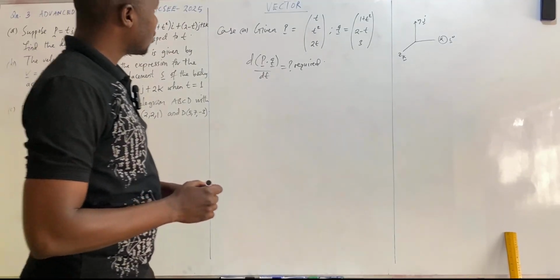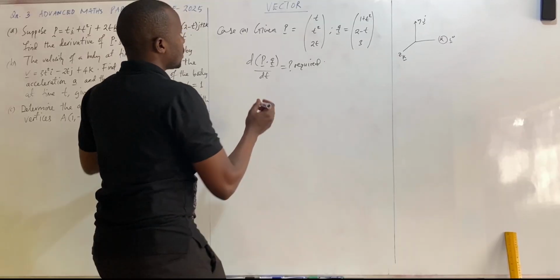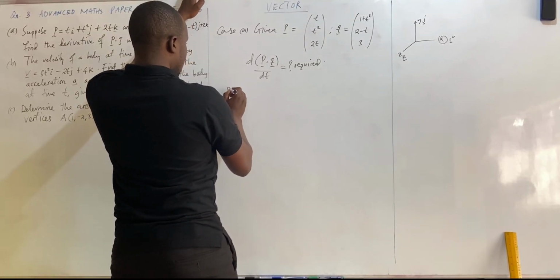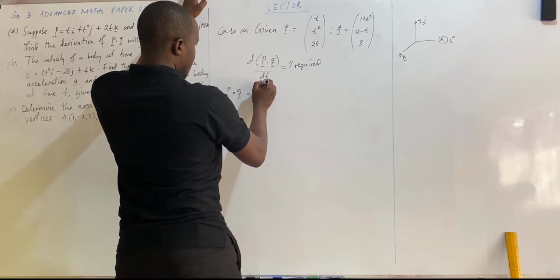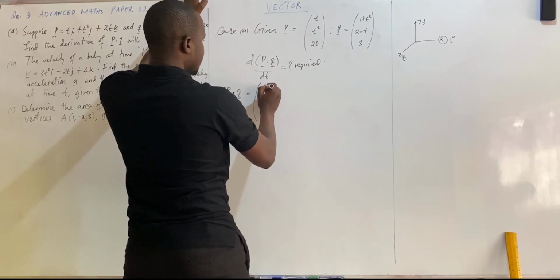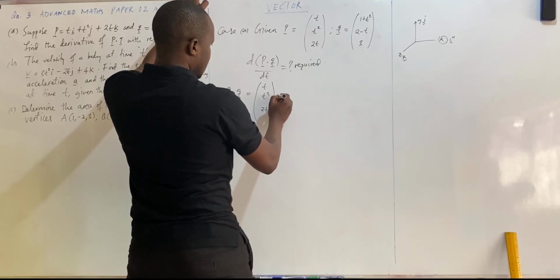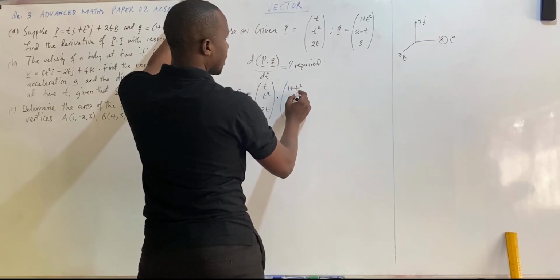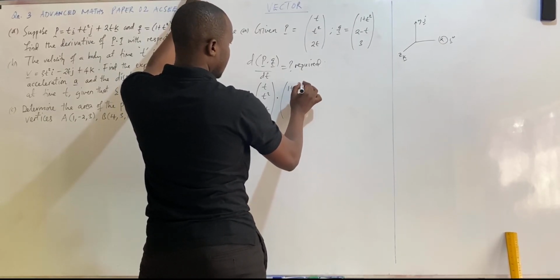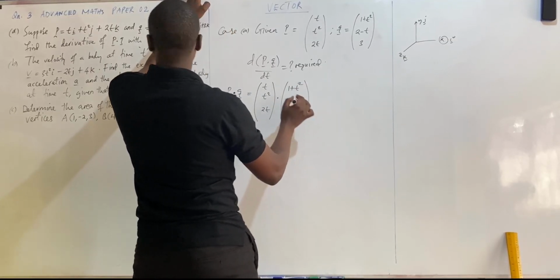So the first thing we are going to do is find the dot product. P dot Q equals what? We can use this column matrix T, T square, 2T, and dot it with 1 plus T square, then 2 minus T, and here 3.